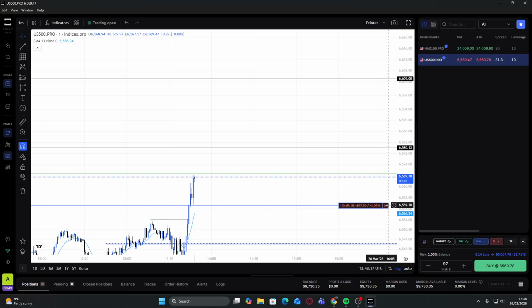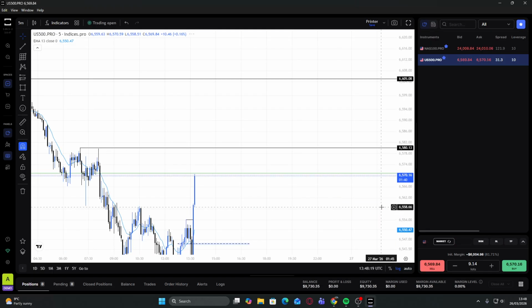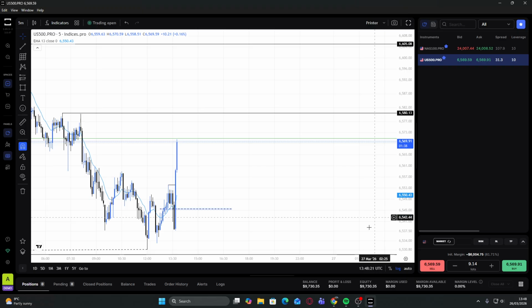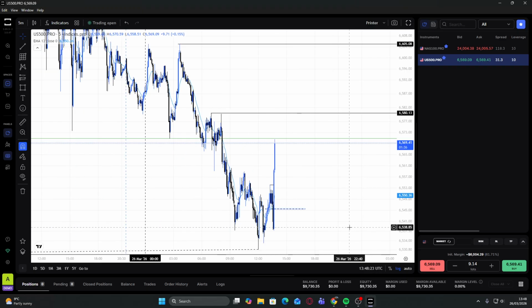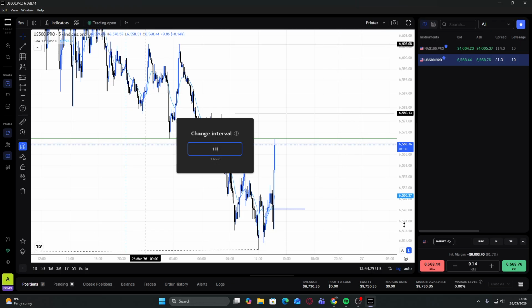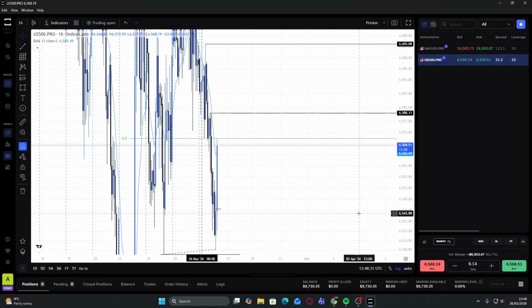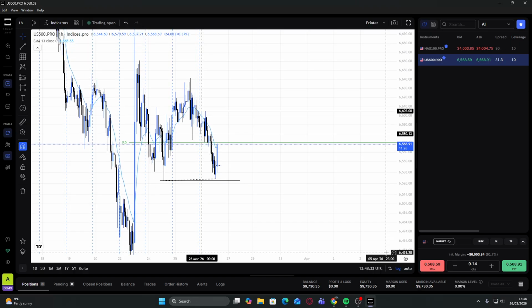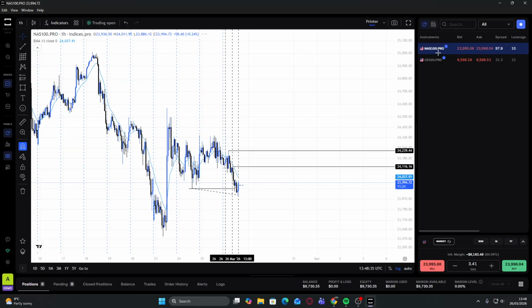I'm gonna wait a minute. I want to wait for a 5-minute time. Obviously, this could be the swing. But the SMT is holding strong.